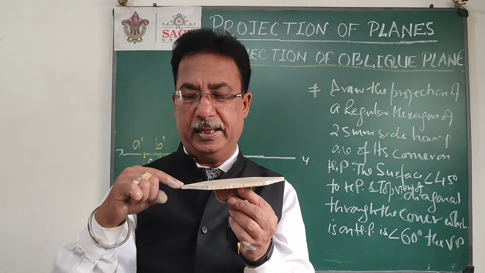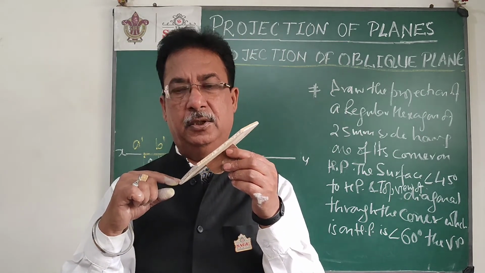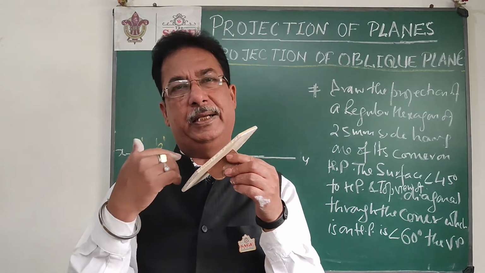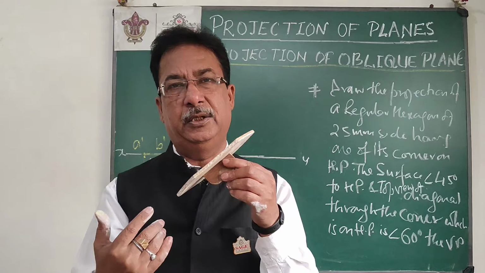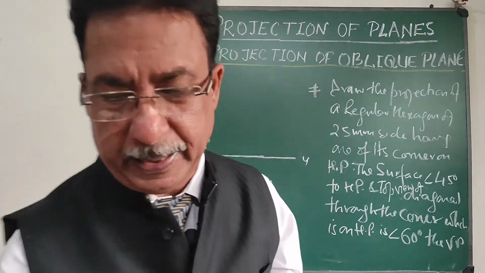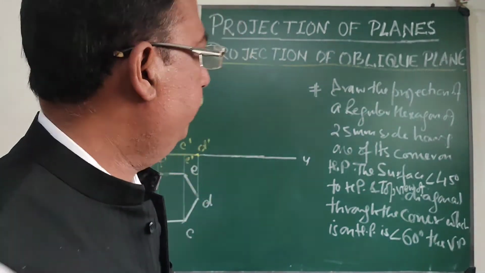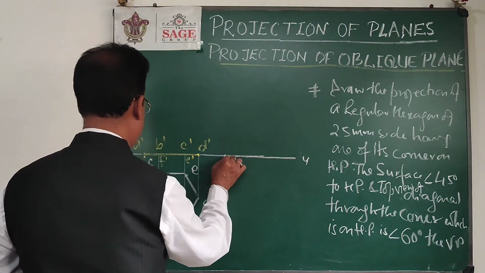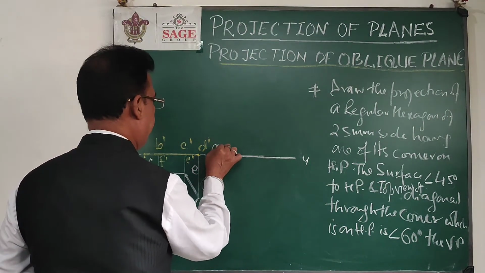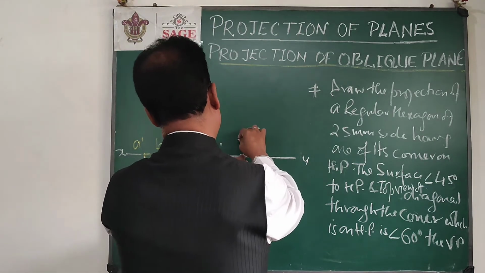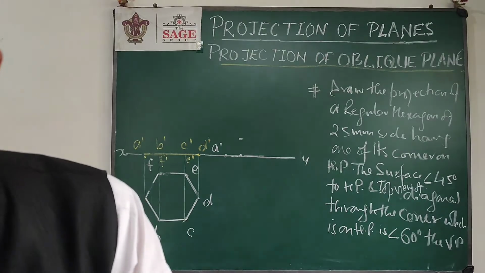Now holding this end, I will rotate it like this. So this point will remain on the XY line, that is the horizontal plane, and the whole surface will be rotated. So the surface will be rotated by an angle of 45 degree as given in the problem. So in the next stage I will mark again this point A dash and draw a line at 45 degree inclined to this.